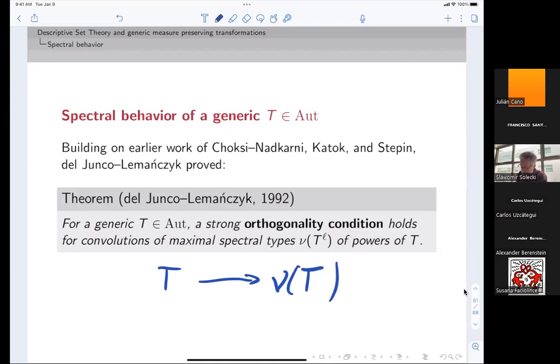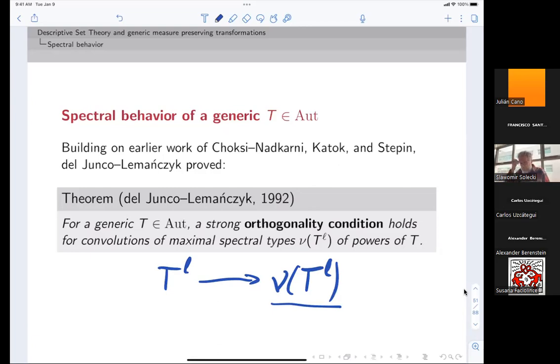So for every T, we can look at this maximal spectral type. And what Del Junco, Lemańczyk and these previous people look at is that you can take T and take the powers of T, still measure preserving transformations, and look at the maximal spectral types of these powers. So you have infinitely many. For each power, you get a spectral type.